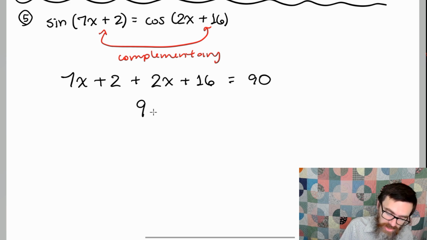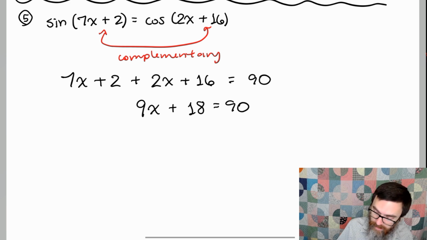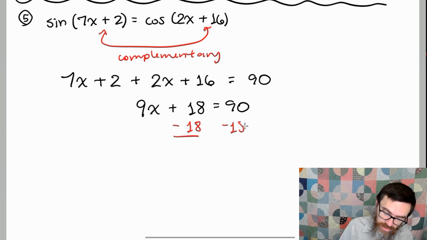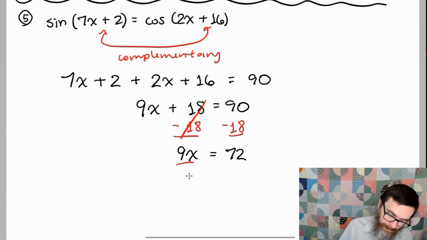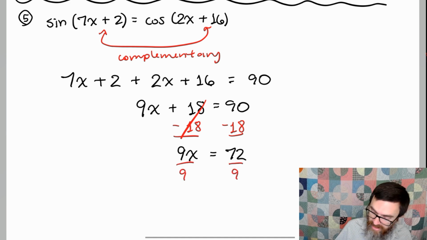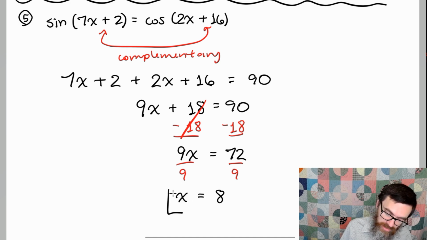And from this point on, it's just a nice, simple equation for us to solve. 9x plus 18 is equal to 90. Subtract 18 in an effort to get the variable by itself. So 9x is equal to 72. Divide both sides by 9, and x equals 8.